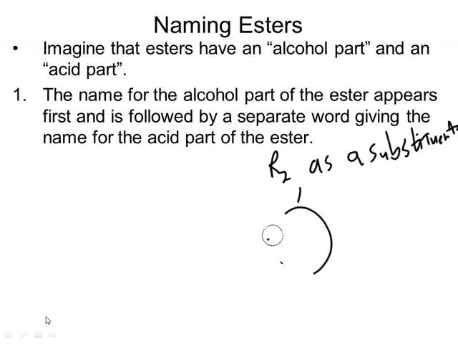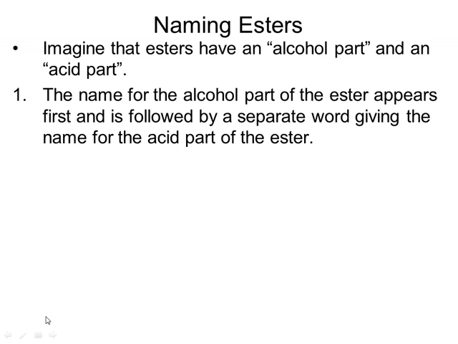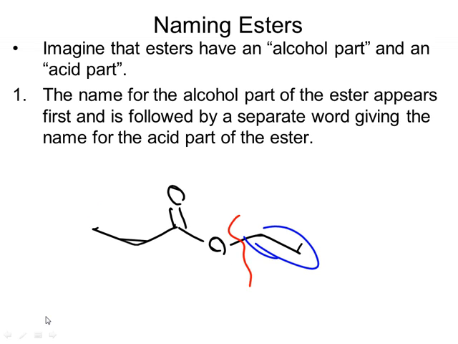Let me give you a real life example. If we look at this, we're going to break it into two parts. We break it here, this part over here and this part over here. The first word is what I've done in blue, and we treat it like a substituent.